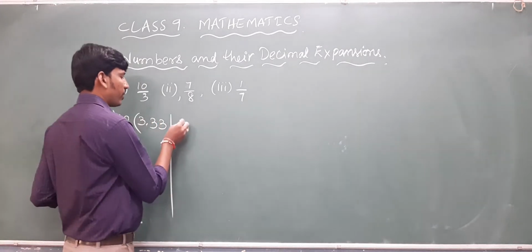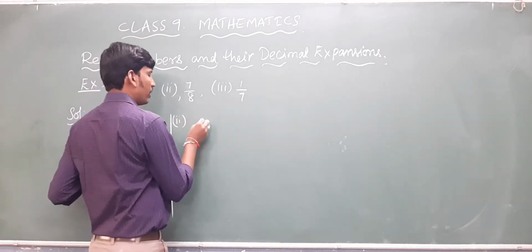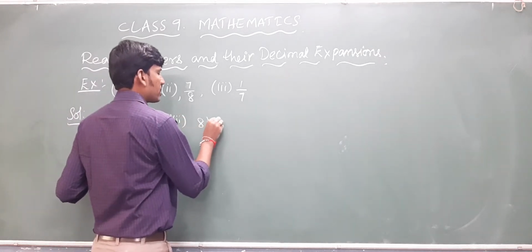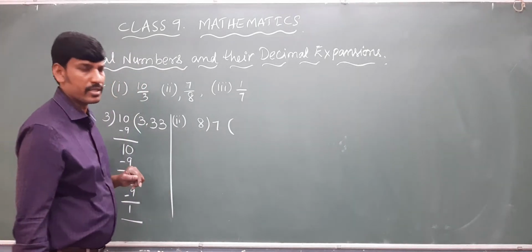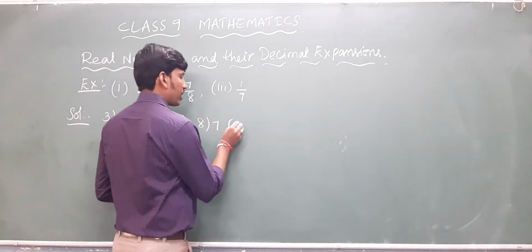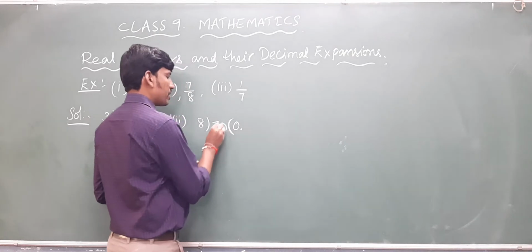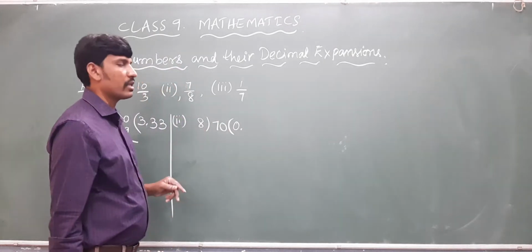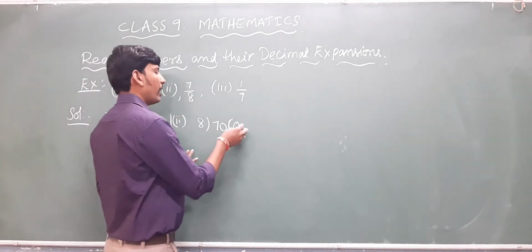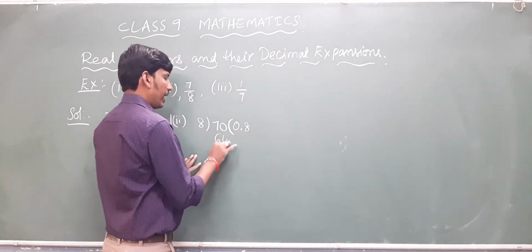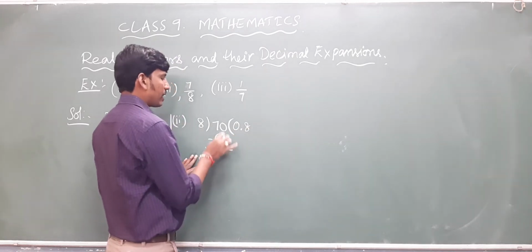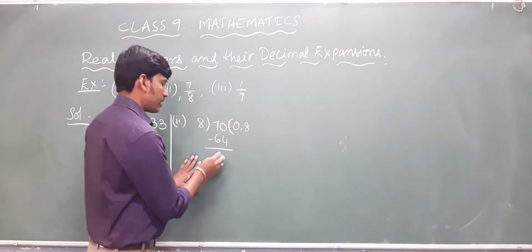Now coming to the second one, when you divide 7 by 8, 7 is not possible in the 8 table, because 7 is less than 8, so you take 0 point decimal and keep 0 here. Now 8 how many times? 8 8s are 64. When you subtract, 70 minus 64 is 6.